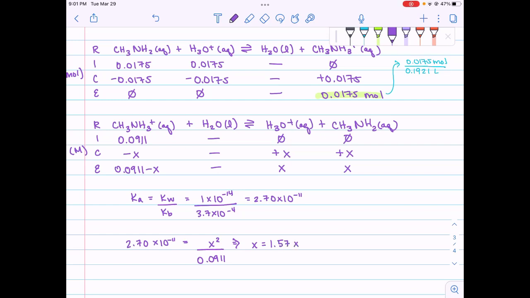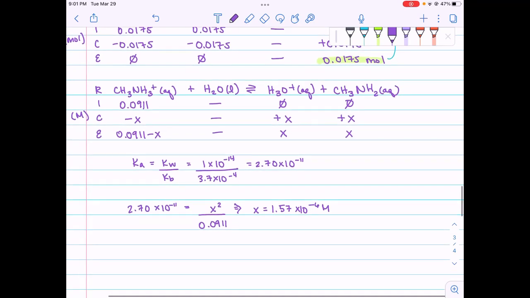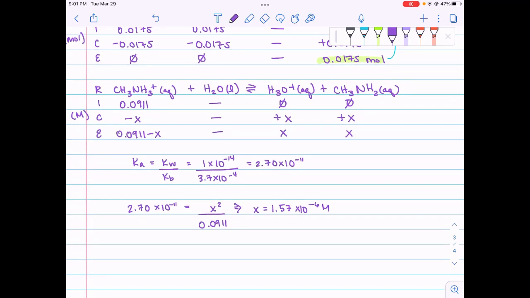That's going to give us an x value of 1.57 times 10 to the minus 6, and this is in units of molarity because our ICE table was in units of molarity. This molarity corresponds to the amount of H3O+ present, or strong acid present.